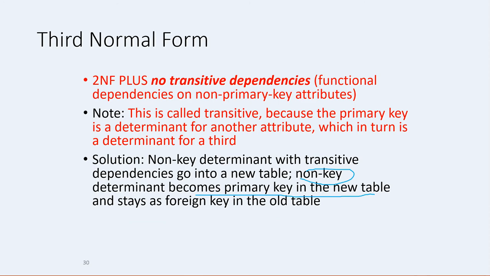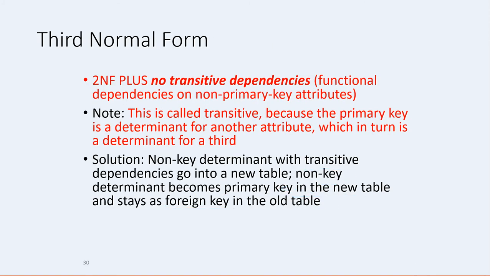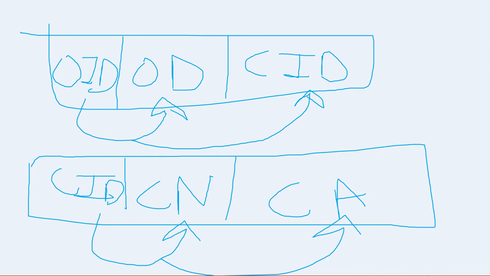And the second part is, the non-key determinant becomes primary key in the new table, and it also stays as foreign key in the old table. What was the old table? Order details was the old table. So that means customer ID remains in the old table as foreign key.